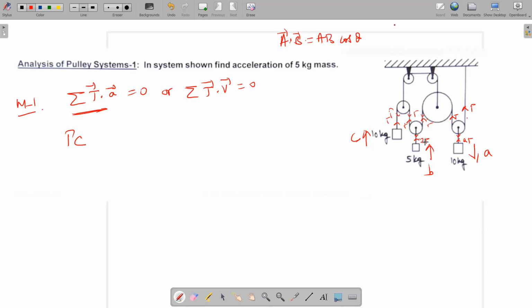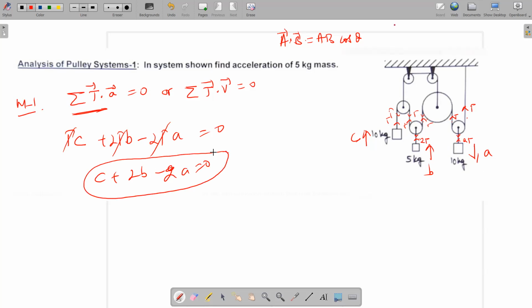Here for this block, 2T is upward and acceleration is also upward. Same direction, angle 0, so 2T into B. And for this block, 2T is upward, A is down, so opposite direction, so minus 2T into A. T gone. So C plus 2B minus 2A equal to 0.